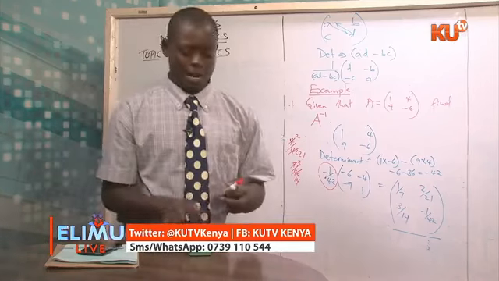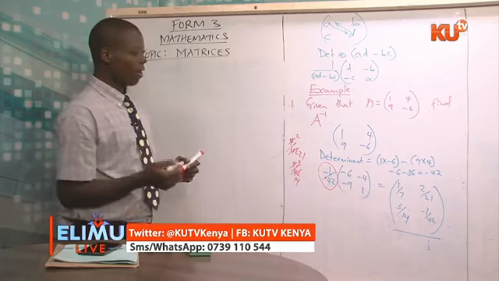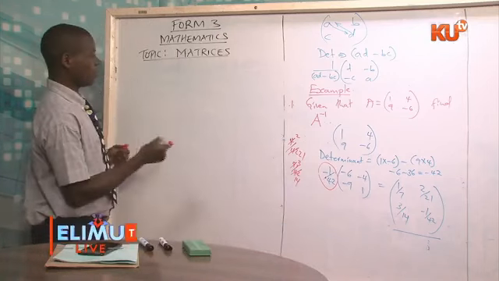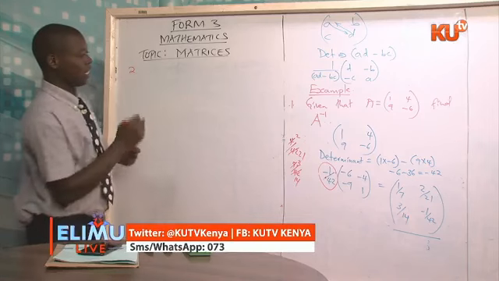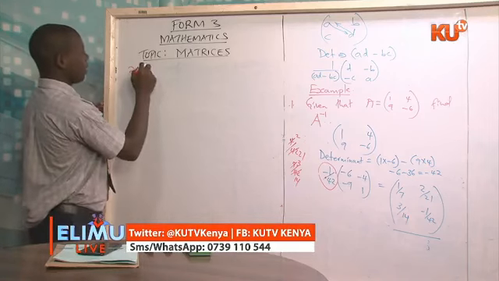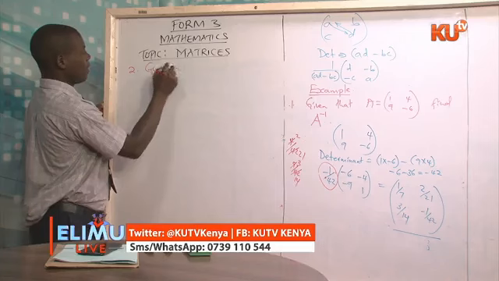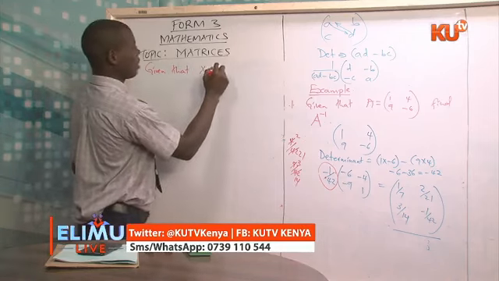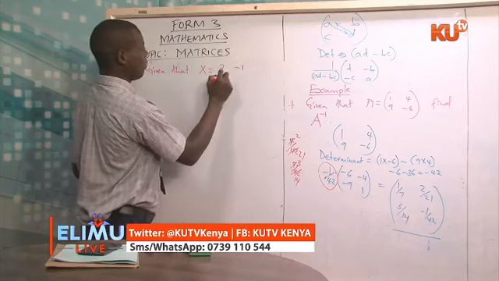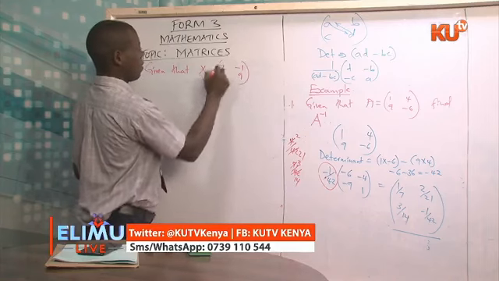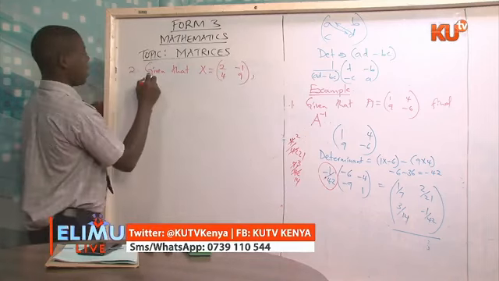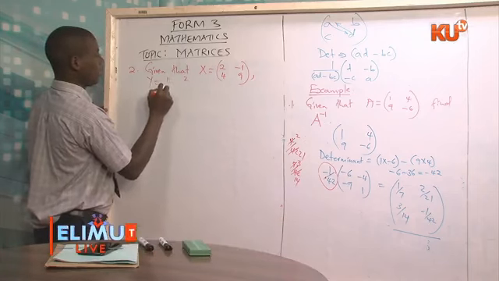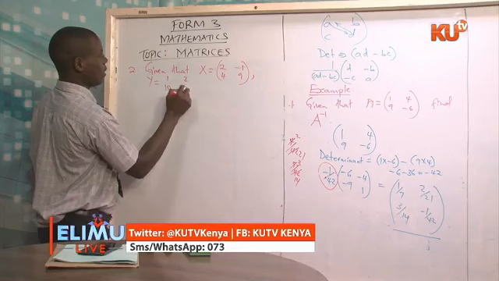And now, students, I want to bring in a broader question that encompasses various aspects that we've been able to look at. Given that X is the matrix 2, negative 1, 4, 9, and Y is the matrix 1, 2, 10, negative 8.